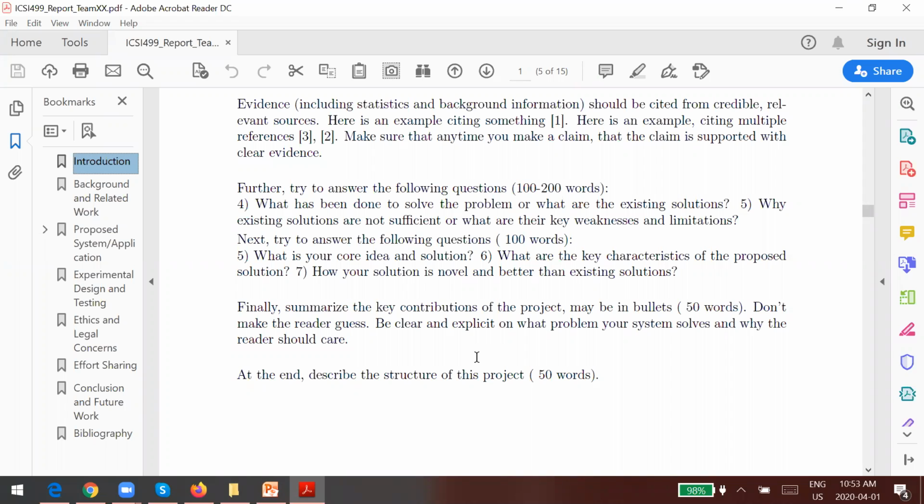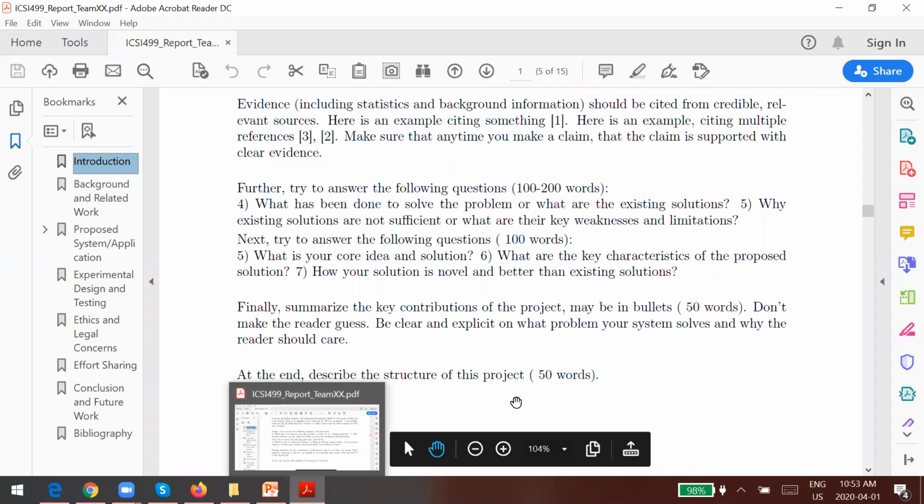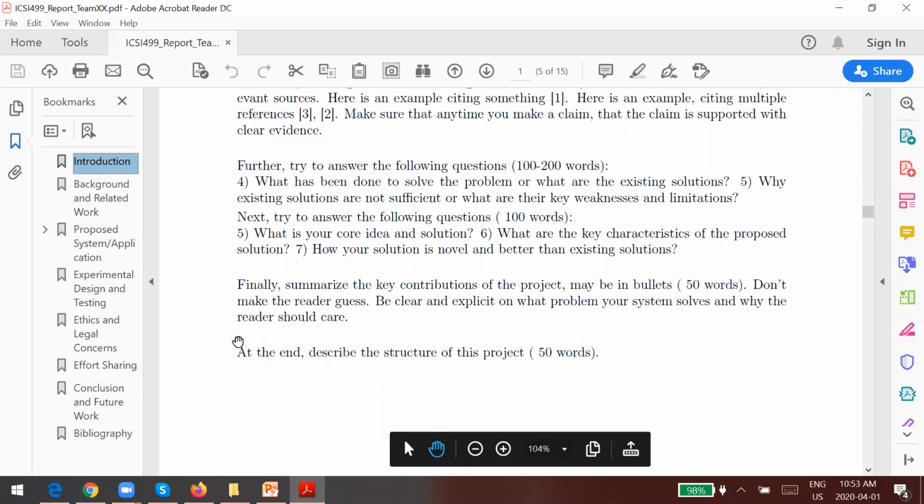If you are unable to write this, that means you don't know what your contributions are. Okay, you have to be explicit and clear in writing what your system does and why the reader should care about it. At the end, describe the structure of the report. So that is about the introduction section.